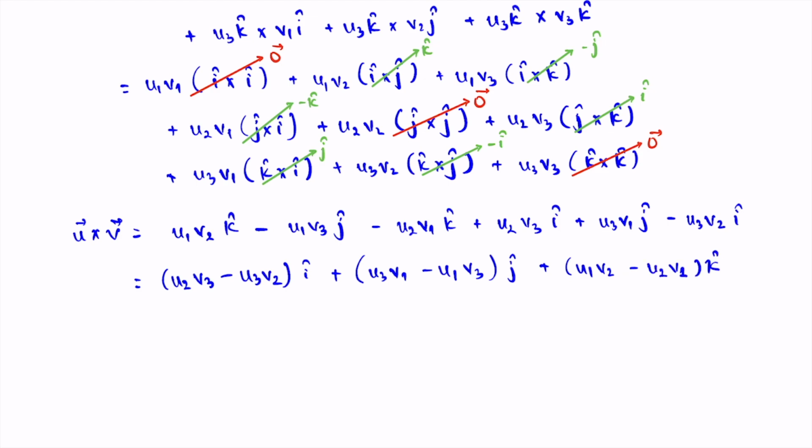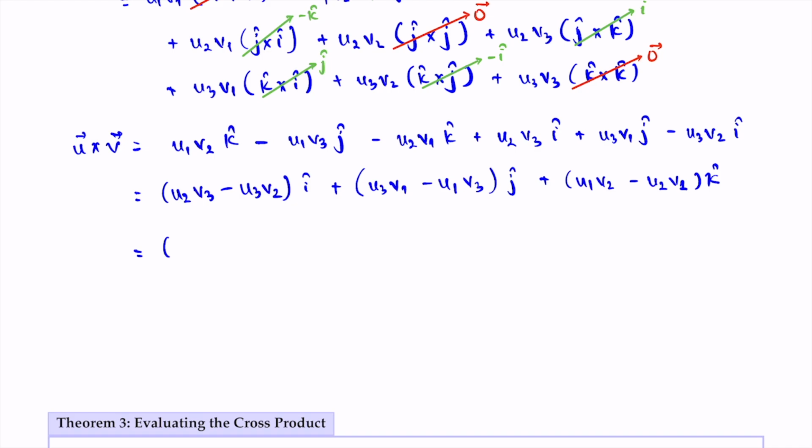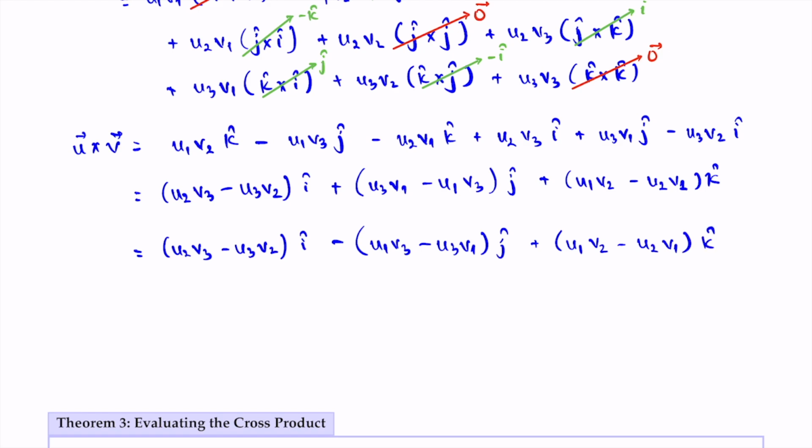So by convention, what I'm going to do is take the negative sign between these two terms as a common factor, or you bring the negative sign out, and you get u2 v3 minus u3 v2 i minus u1 v3 minus u3 v1 j hat plus u1 v2 minus u2 v1 k hat.